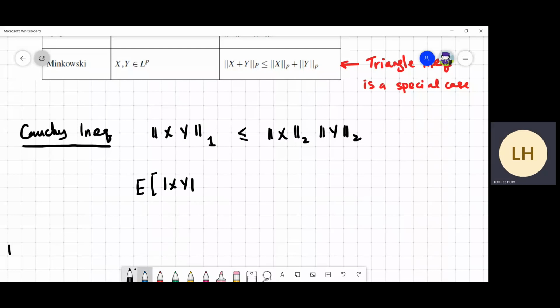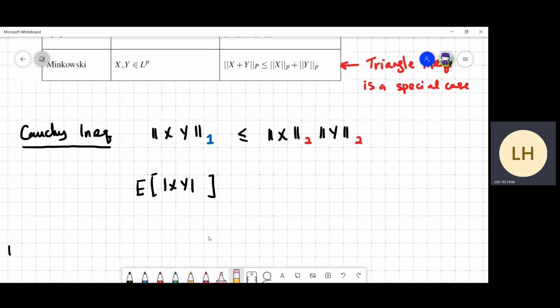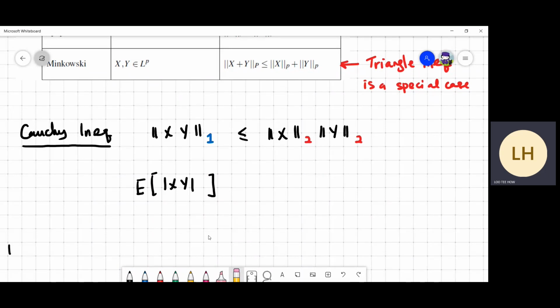This is supposed to be power of 1 here, but if it is power of 1, we do not need to consider it. So we can simply look at E of the modulus of xy.